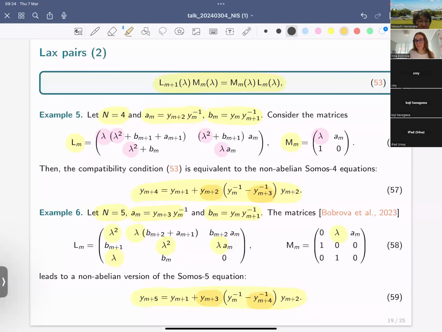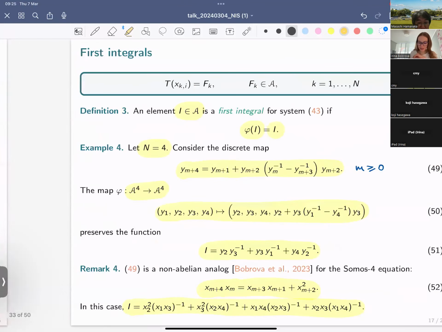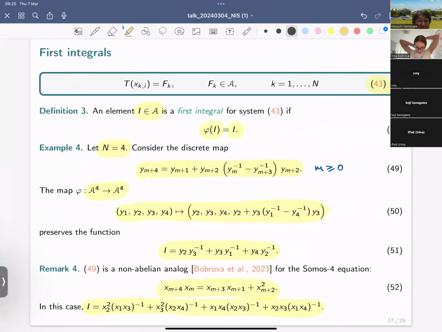I see. So the previous example of the first integral was found by hand. So luckily you found it. It was found, as I said, by trial and error. This first integral was found as follows.